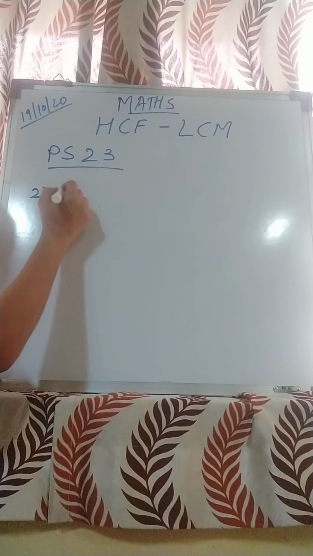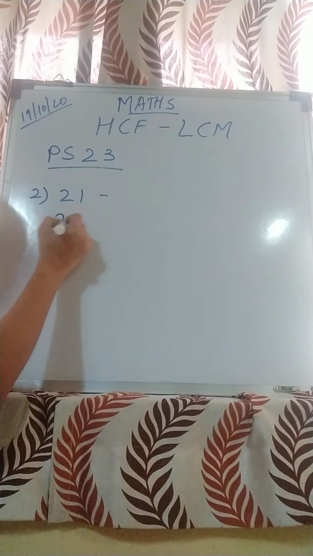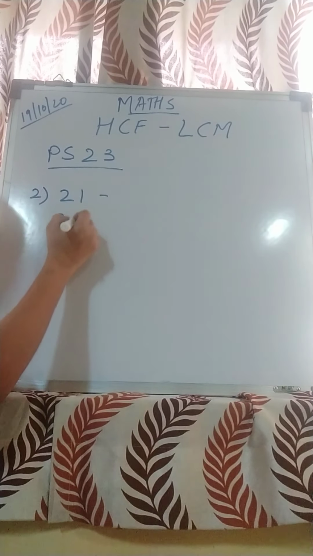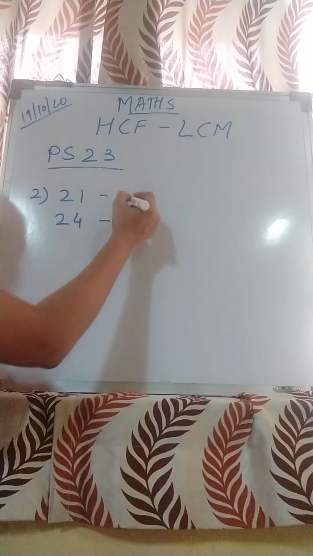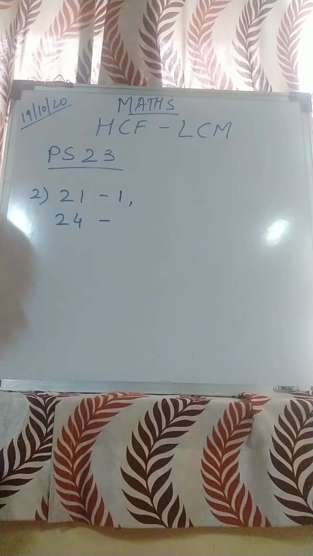The second sum is 21 and 24. These are the two numbers given. Every number is divisible by 1 by default, so you have to write 1. Here you have to utilize your tests of divisibility.